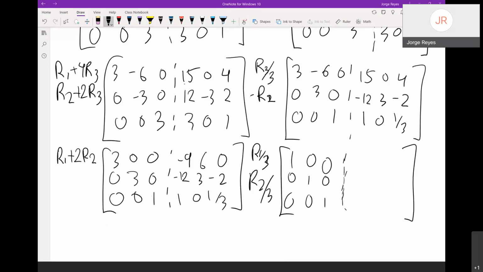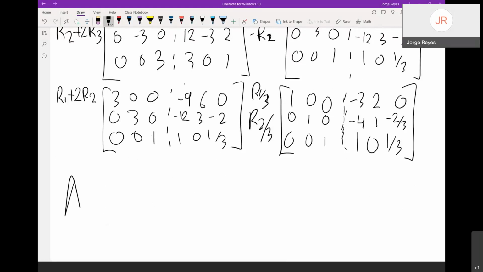And then over here, I'm going to get negative 3, 2, 0, negative 4, 1, negative 2/3, 1, 0, 1/3. And ta-da! We have the answer.